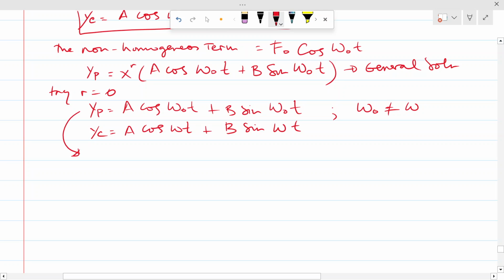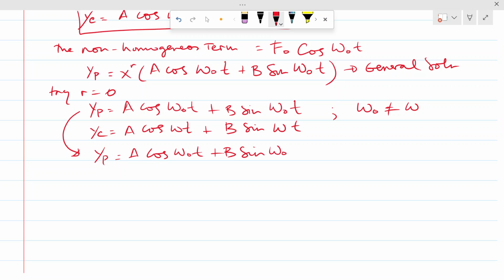Okay, yp equals, again I just write down, and we will need to take the first and the second derivative of this function with respect to t.